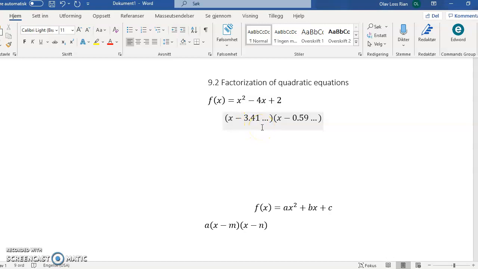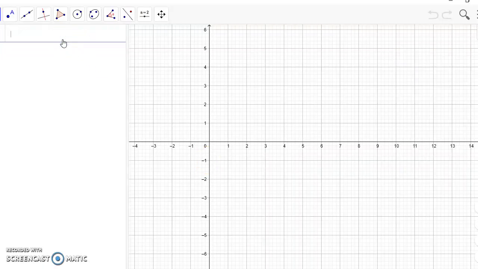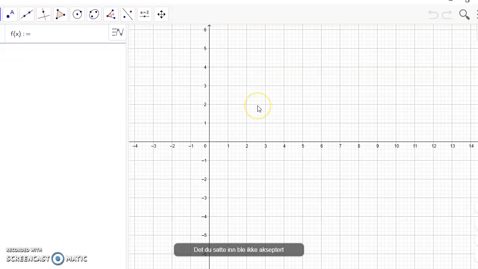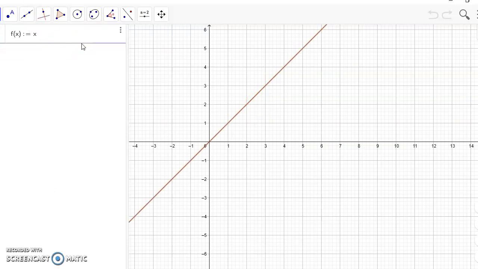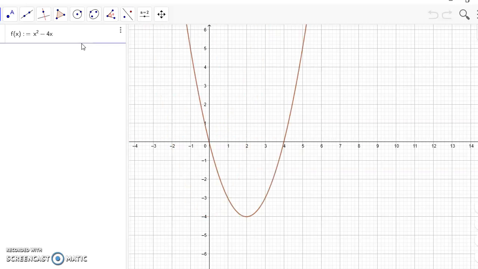So if we were to plot this graph in GeoGebra, we can do that now. This is x squared minus 4x plus 2.